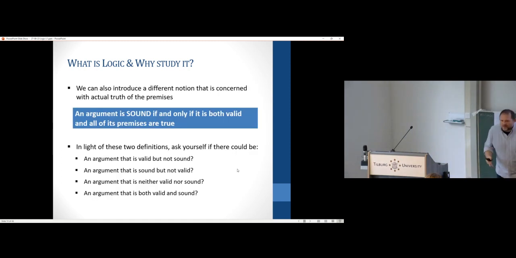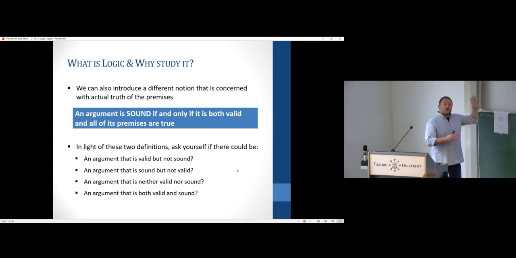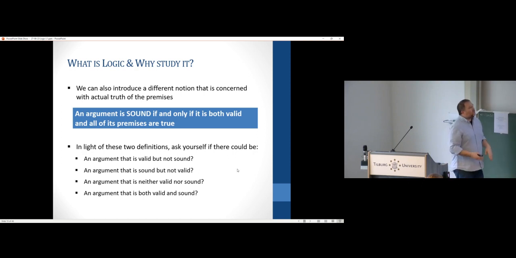I spend a lot of time on this because really getting a grip on this notion of validity is the most important thing. This concept is massively important for what we're going to do with formal logic, but also really to be good as a philosopher. Put really bluntly, a lot of times when we're interested in philosophical arguments, we're just trying to see, hey, do the reasons that you've given us actually entail the conclusion?